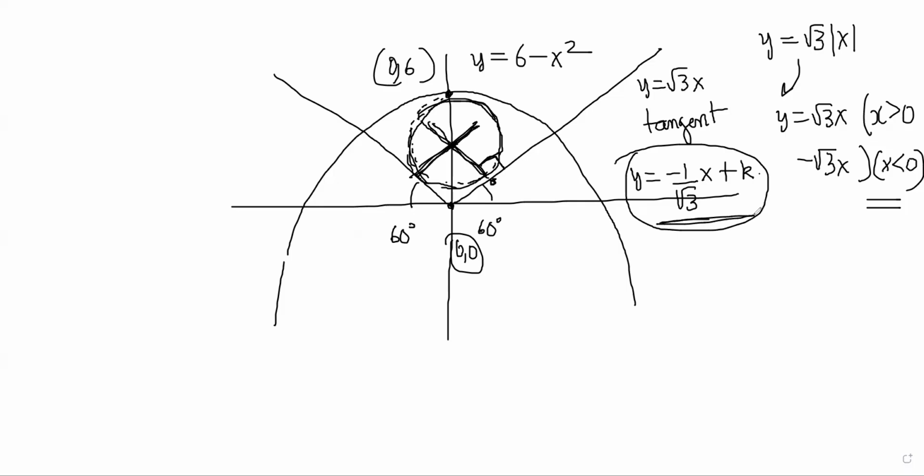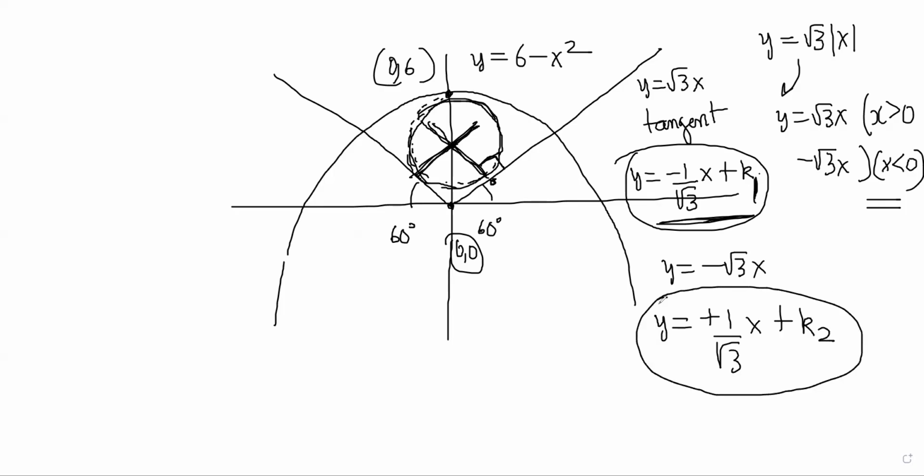Why is this line perpendicular to the tangent? Because I have put the slope as minus 1 by root 3, right? Similarly, for y is equal to minus root 3x, the line perpendicular to the tangent would be y is equal to plus 1 by root 3x plus k2. And if this was k1, both of these lines should pass through the center of the circle. So the intersection point of these two will give us the center.